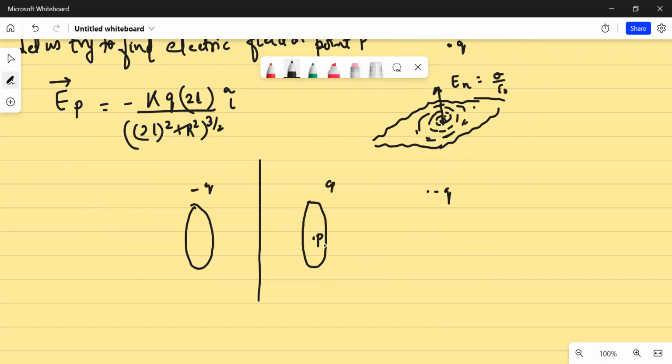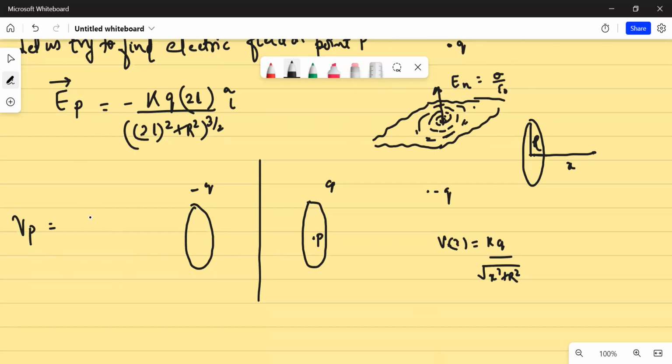This is point P. Now potential due to this ring, if you remember, as a function of x on the axis is given by kq upon root over x square plus r square, where r is the radius of the ring and x is the distance on the axis of the ring.